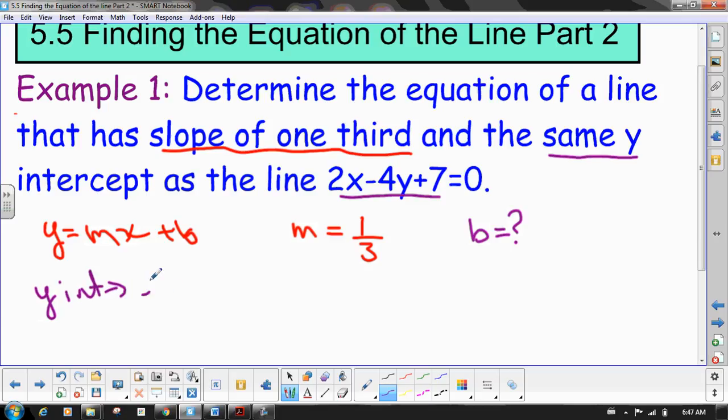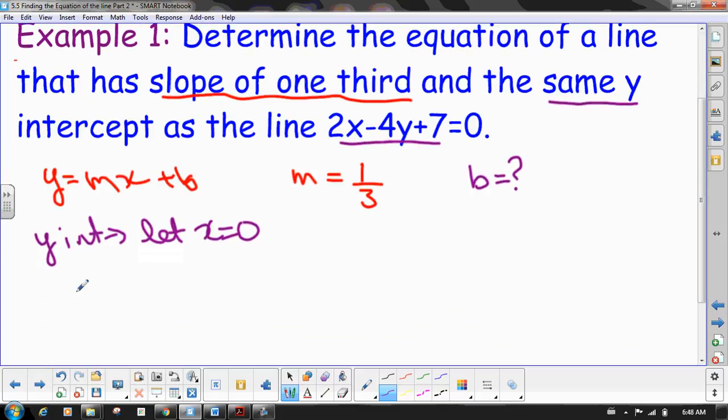So to find the y-intercept, I'm going to let x have a value of 0 since the y-intercept is always on the y-axis. So when I do that, I'll have 2 multiplied by 0 minus 4y plus 7 equals 0. So then I'm going to be left with minus 4y. I'm going to subtract 7 from both sides to get minus 7.